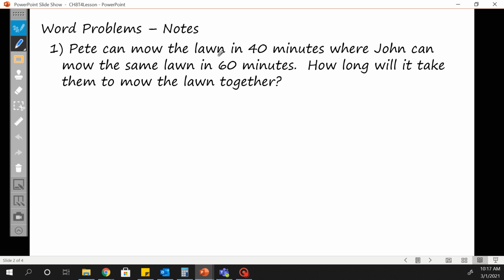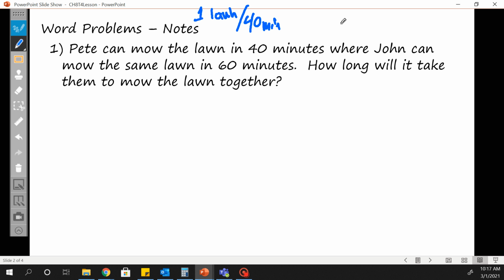So Pete can mow the lawn in 40 minutes, where John can mow the same lawn in 60 minutes. How long will it take them to mow the lawn together? So these are rate problems. Both of these are giving you a rate. It says that Pete can mow one lawn in 40 minutes.